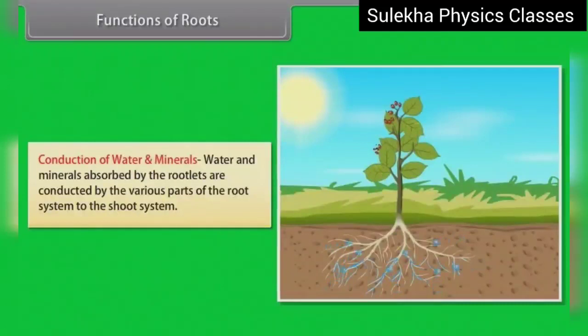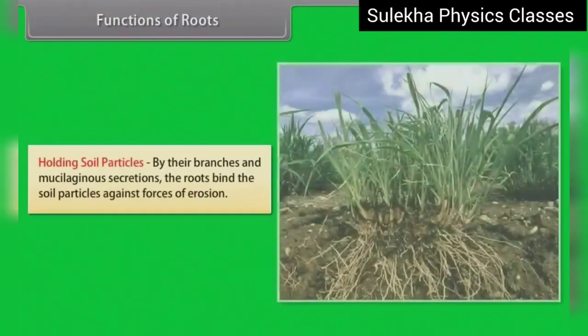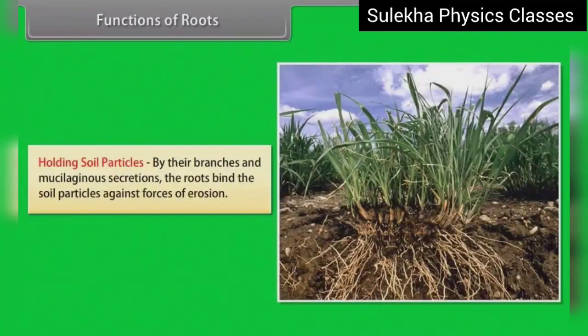Conduction of water and minerals: water and minerals absorbed by the rootlets are conducted by the various parts of the root system to the shoot system. Holding soil particles: by their branches and mucilaginous secretions, the roots bind the soil particles against forces of erosion.